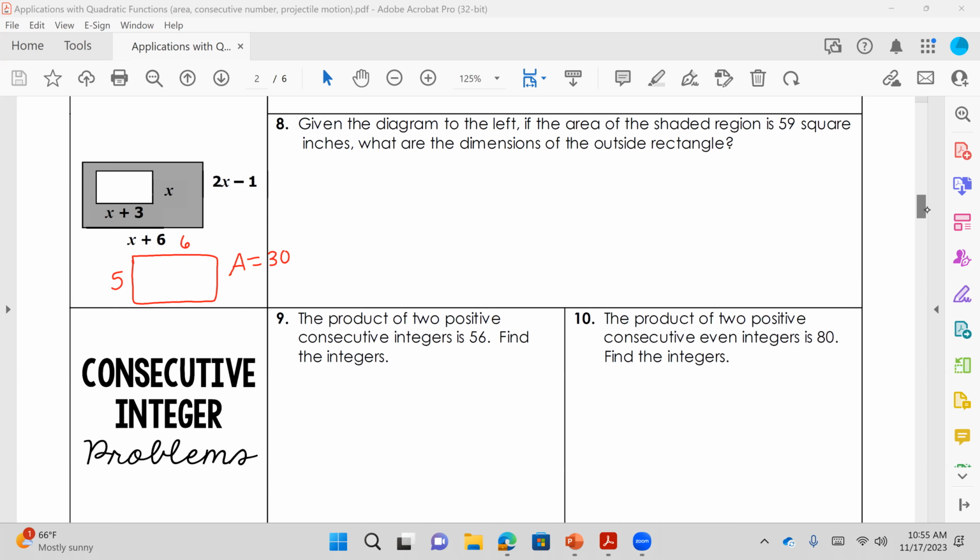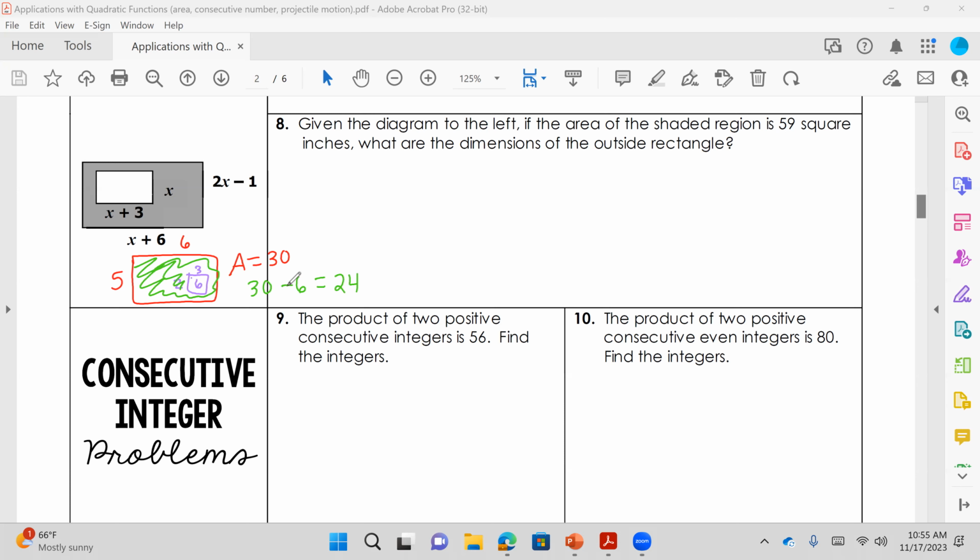And let's say I draw another rectangle inside of it, a smaller one, and let's say the dimensions are 2 and 3. So that means the area of this one is 6. Well, if I want to find the shaded part, let me shade this in. If I want to find the shaded part, I would just do 30 minus 6 so that the area of the shaded part is 24.